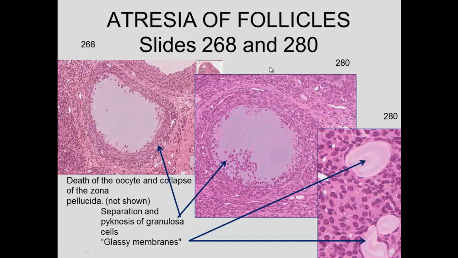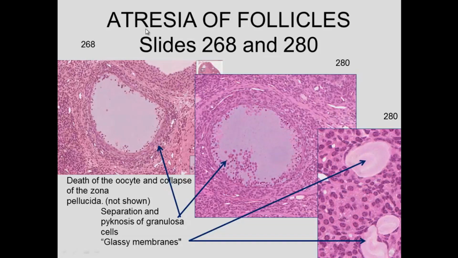And here, whenever you see granulosa cells from the follicle loose in the liquid like that, that is a sign of atresia. The cells are dying. And whenever it dies, it regresses, it gets smaller, and finally it makes a glassy membrane, and that's what we see there, which is the final product of an atretic follicle.